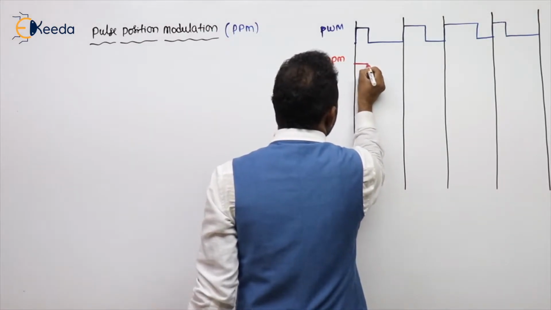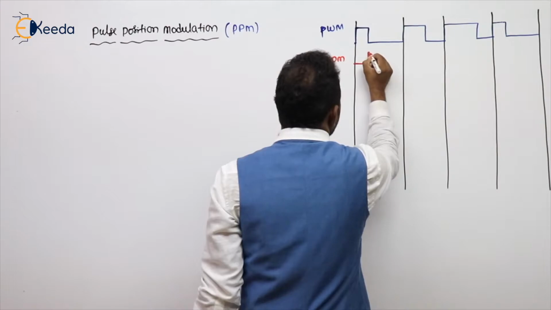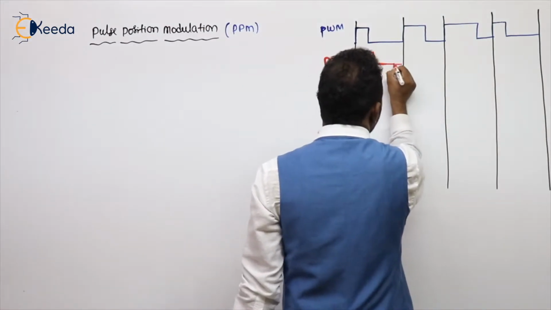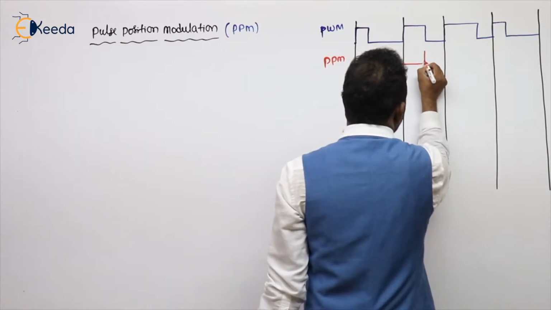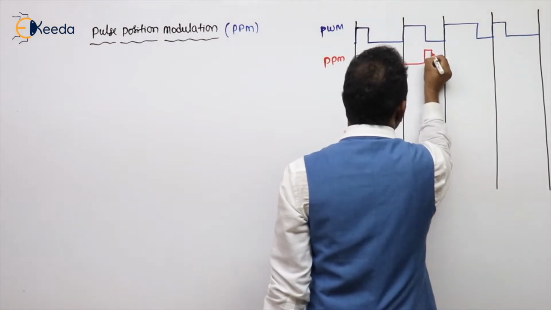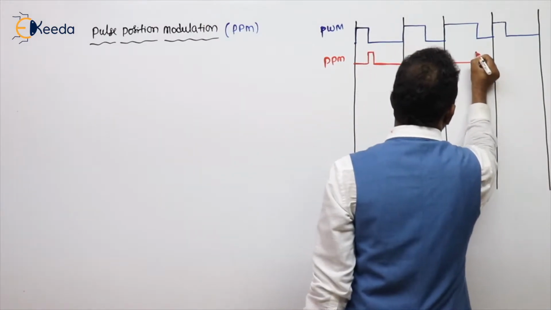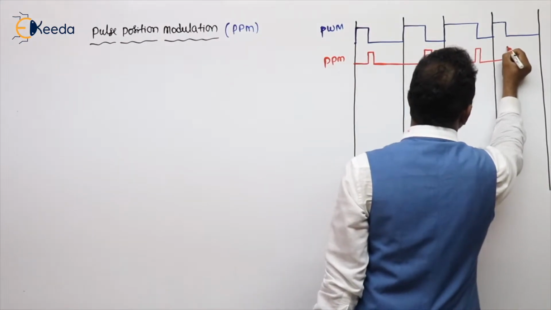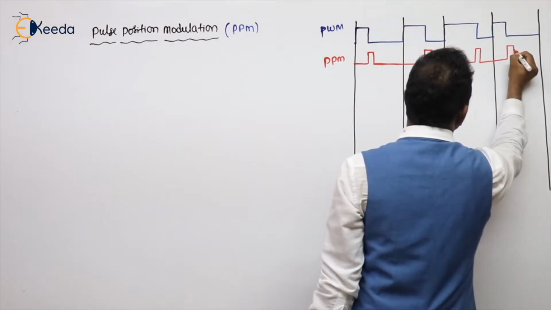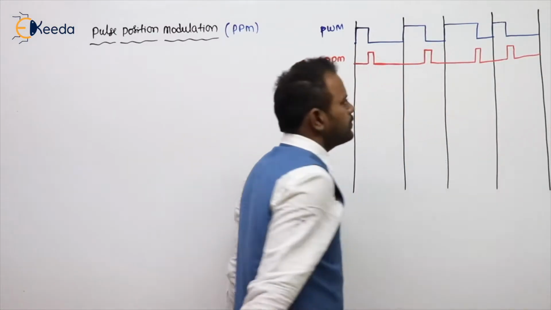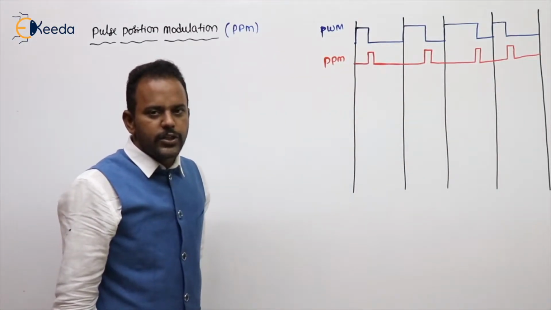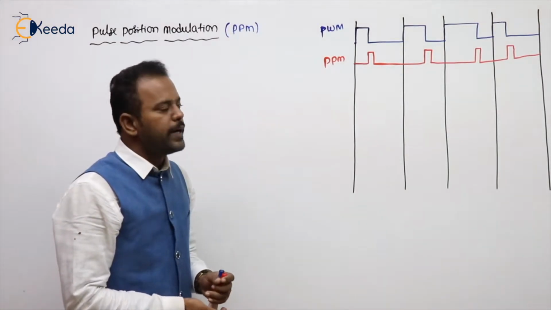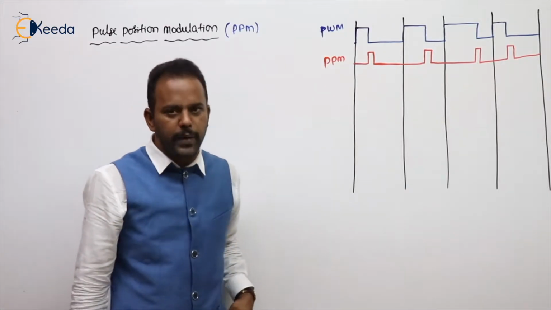How the PPM signal is, we are sending a constant short duration pulse at the trailing edge of a PWM signal. We are sending a short and constant pulse at the trailing edge of a PWM signal, that is called PPM.